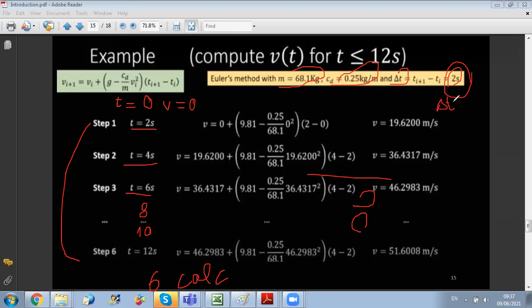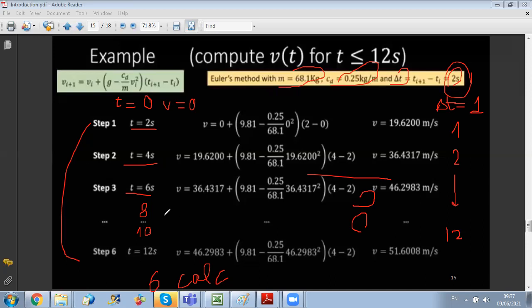You would do double the number of calculations, from 1 to 12. Of course it will be more accurate, but it will also take much more time. So always, as we said, we should compromise between accuracy and computational time. Time is very important at the end, and of course accuracy is also important. So we can choose a time step that will give us acceptable results and also save us time.